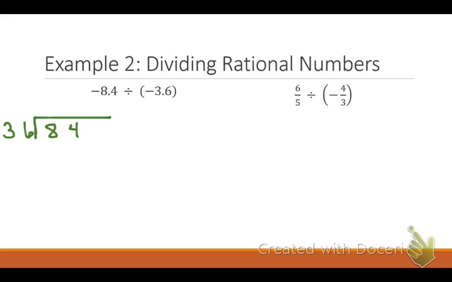All right, go ahead and do the long division in your notes. This is something that we did the other day, a little bit of long division. All right, so go ahead and divide these two numbers. Okay, 36 goes into 84 how many times? 2. Okay, that's going to be 72. Subtract them, you get 12.